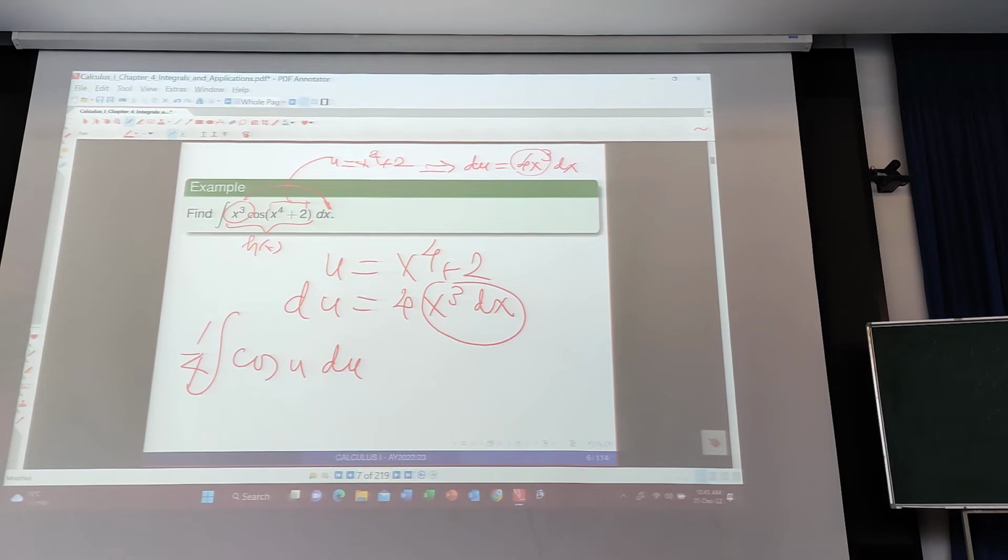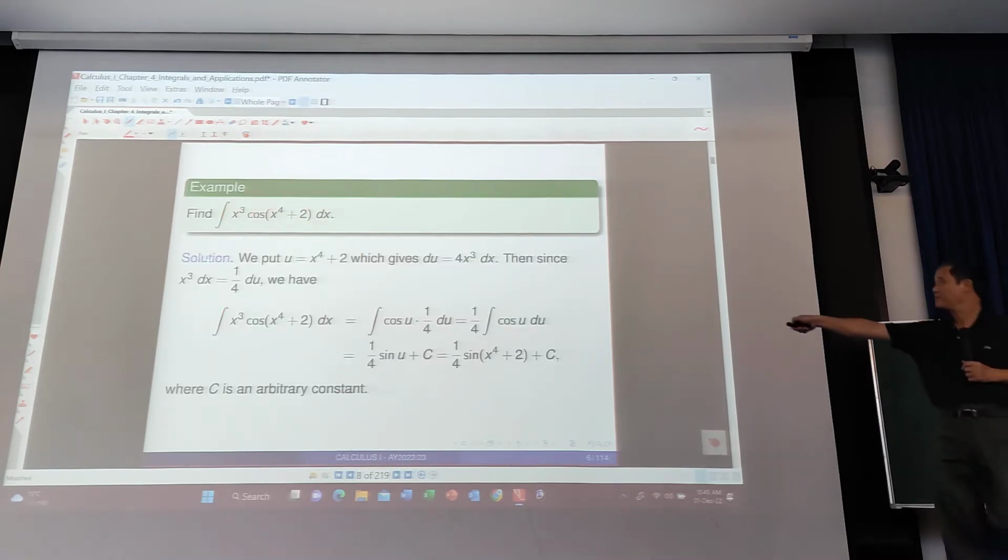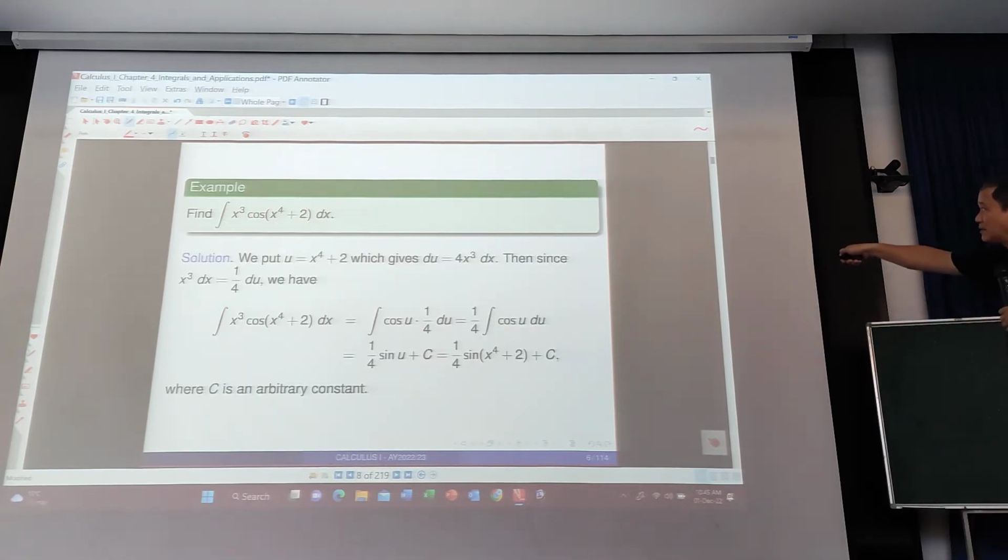Okay? And now you look at that. Put x⁴ plus 2 as u. And you have du is 4x cubic dx. In this case, u prime is actually x cubic, don't care about the constant factor. Then it works as I explained here.